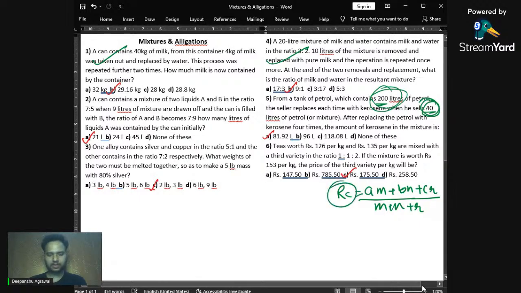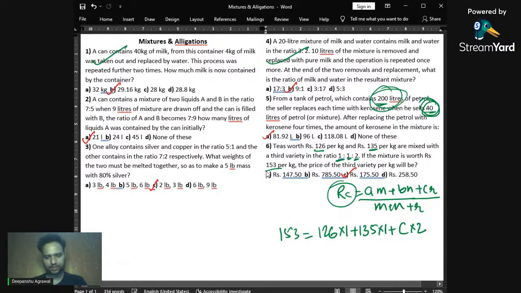So the resultant concentration is given as 153, which will be equal to A. A is 126 and m is 1. So 126 into 1 plus 135 into 1 plus we are taking it as C, so C into 2.